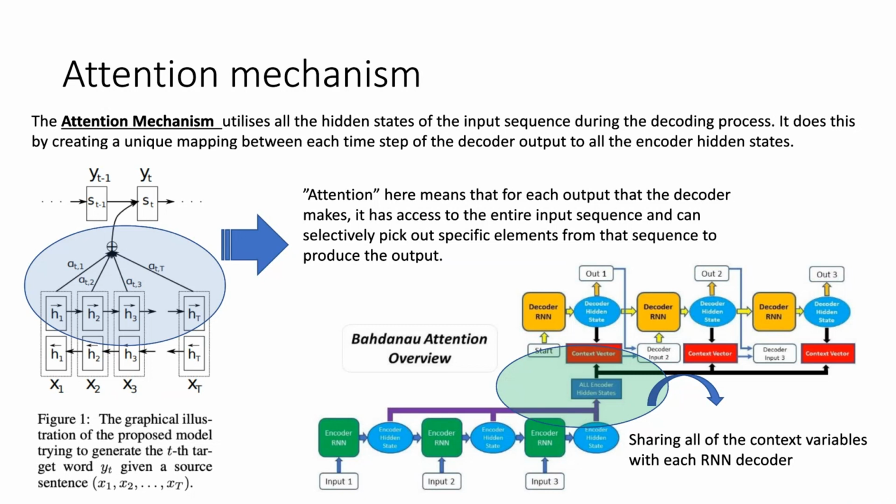So here we can change the weights alpha t1, t2, t3 until tT. We change the weights to represent a different level of correlation between x1 and xt. For example, if x2 and x3 have the greatest correlation with st, then alpha t2 and alpha t3 will be very large, and otherwise alpha t1 and alpha tT will be very small.